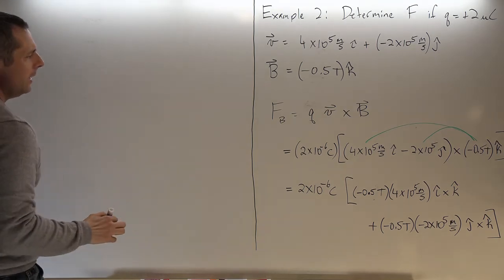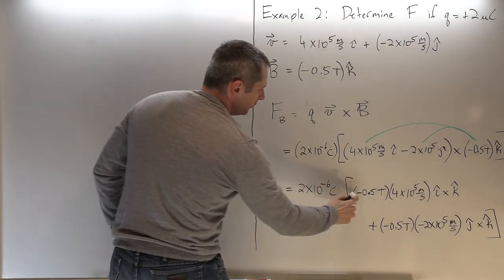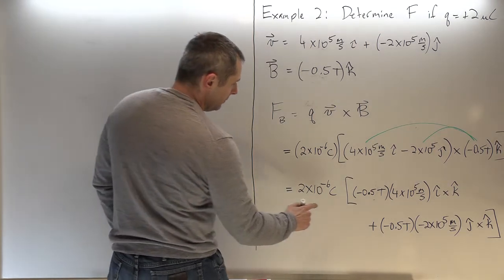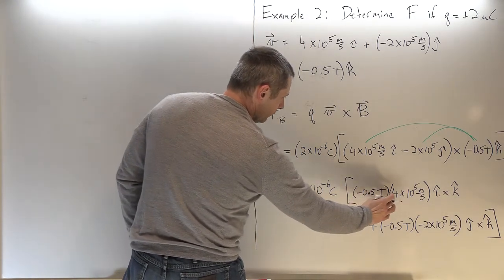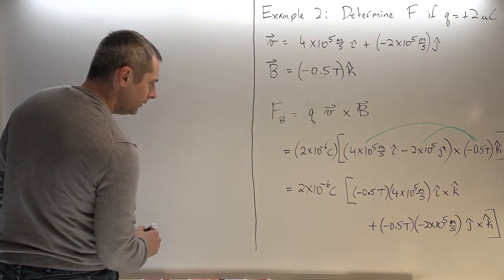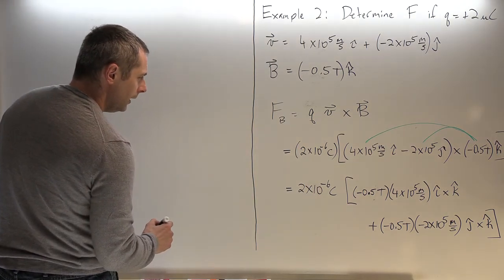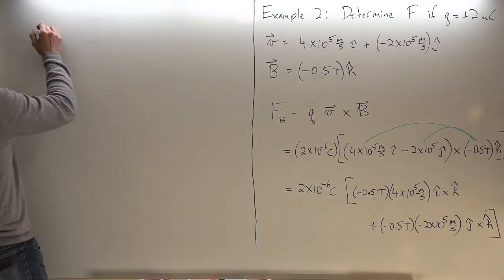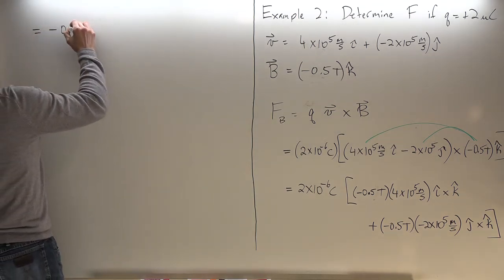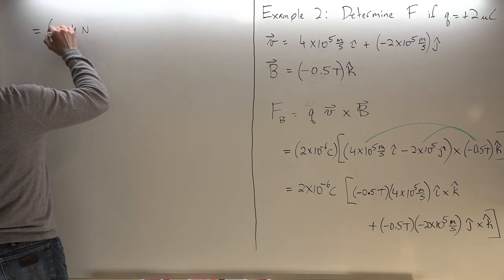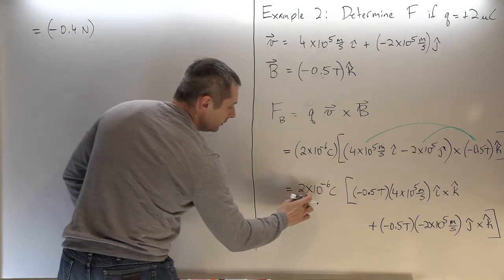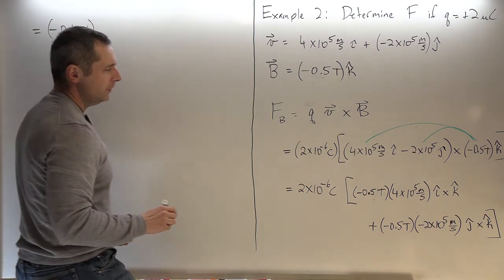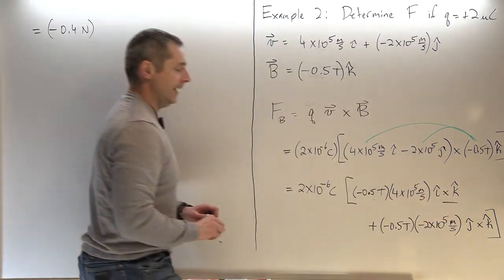All right, so we're going to distribute that 2 times, so that's going to be negative 0.4. That's this times this times this, okay? And then we have to do this i hat cross k hat.